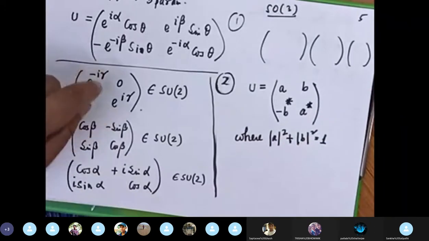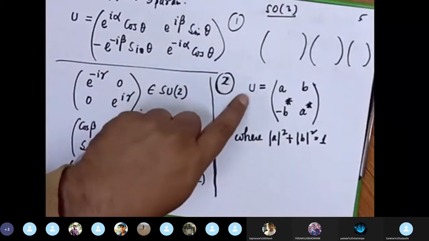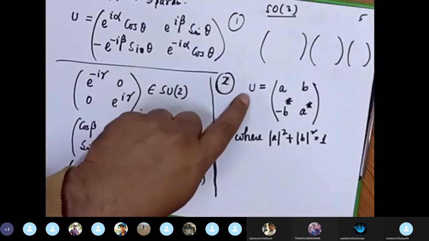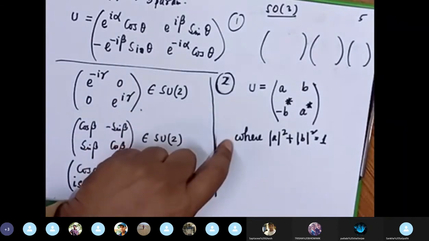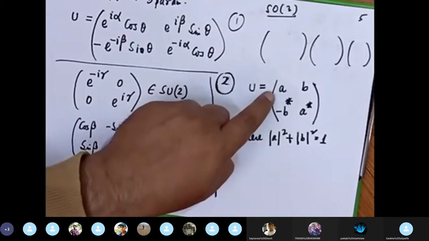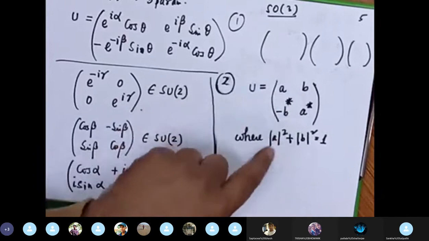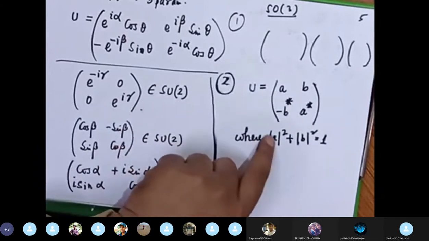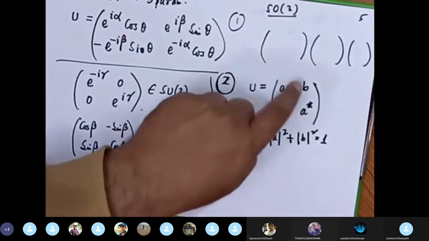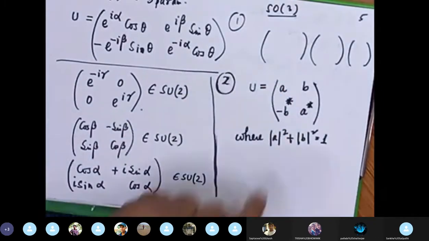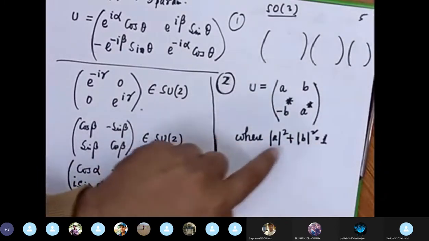Instead of writing all this complicated parameterization for the calculation, we have written this. It is another way of writing, but we don't call it a parameterization because we have to explicitly write another equation here. Its determinant is 1, because the determinant is mod A square plus mod B square, which is 1, and it is unitary. You can check this: U U dagger should be the identity, 1 0 0 1, and that 1 will come because of this relation.